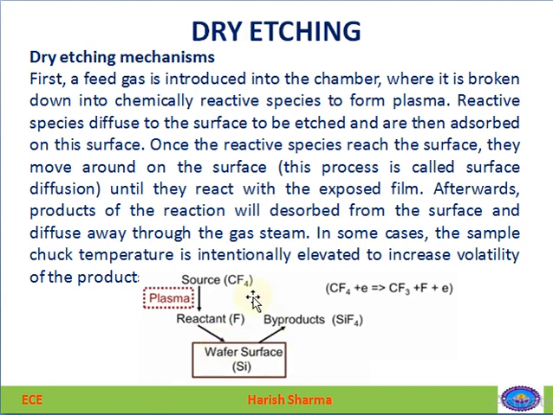Once these reactive species reach the surface, they move around until they react with the exposed film. Afterward, the products of the reaction dissolve from the surface. They are known as byproducts, and these byproducts are diffused away through the gas stream. In some processes, the chuck temperature is increased to increase the speed of reaction.